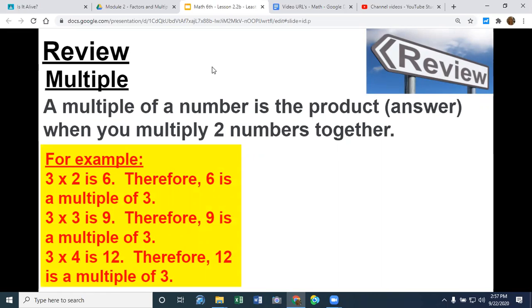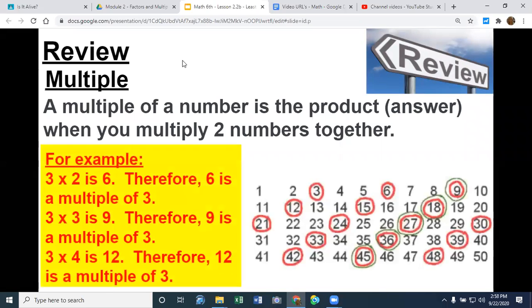Remember, it's the answer. 3 times 4 is 12, therefore 12 is a multiple of 3. It's also known as skip counting. We want to find all the multiples of 3. We circle 3, 6, 9, 12, 15, 18, every third number.